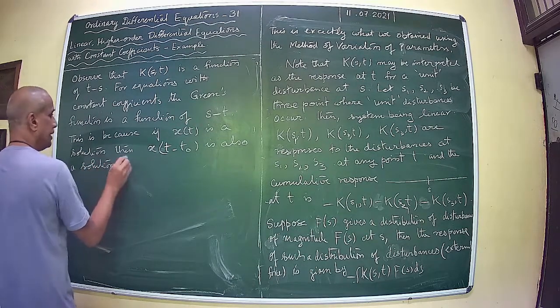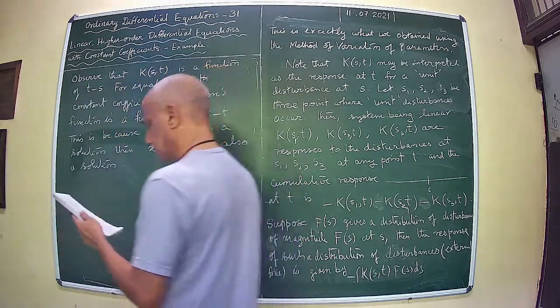So if you take t naught equal to s, then what happens?